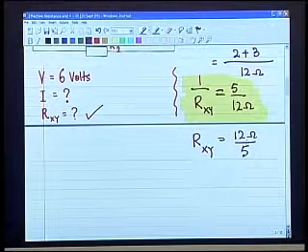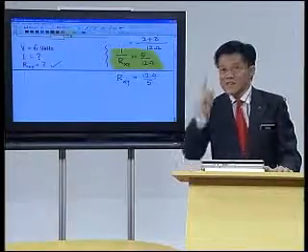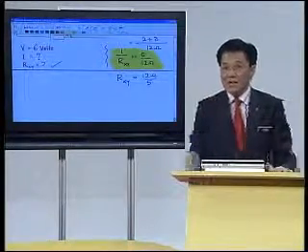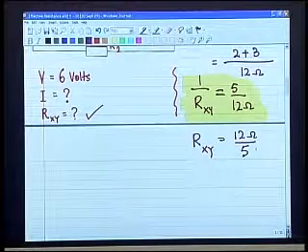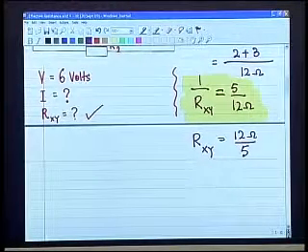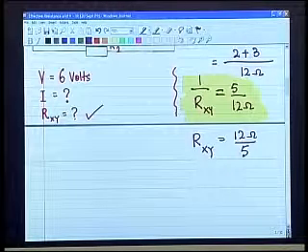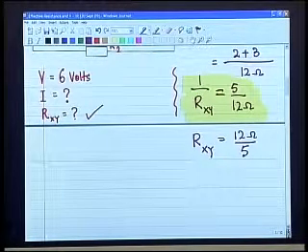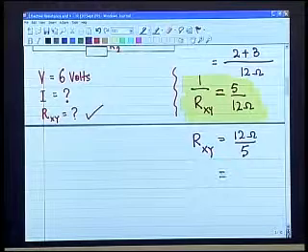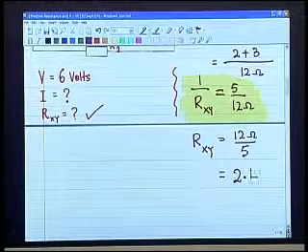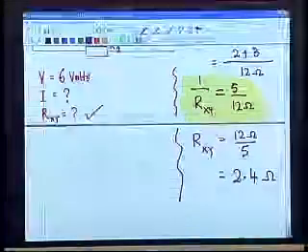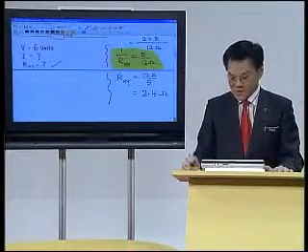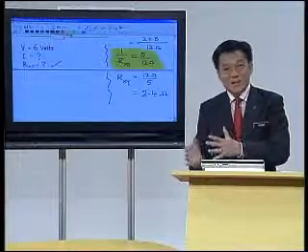I cross multiply. You see, it is very important to write units down. When I write down the value 12 ohms over 5, I have even got my units correct. So that is equal to 2.4 ohms. So far so good. So that is my RXY.